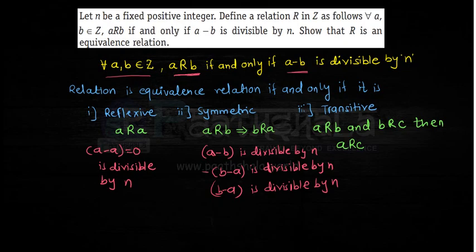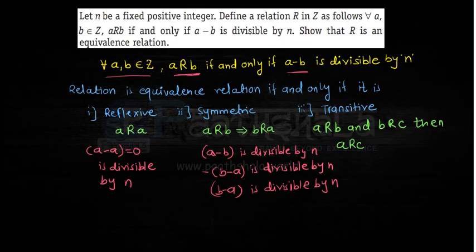So a minus b is divisible by n. We have taken the minus sign out of this bracket, so we can write minus of b minus a, and it is also divisible by n. So without the negative sign we can write it. For divisibility, the negative sign doesn't matter; only the number is important for us. So b minus a is divisible by n.